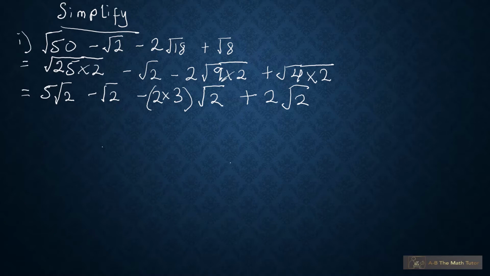Let's continue. So from here, we have 5 root 2 minus root 2 minus 2 times 3, which is 6, root 2, plus 2 root 2.